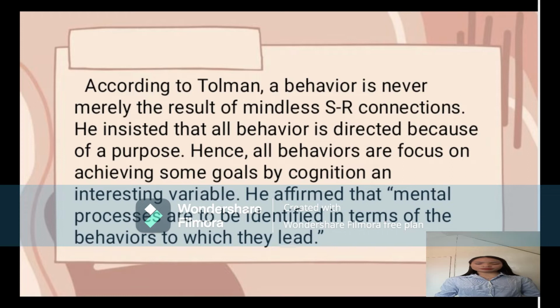According to Tolman, a behavior is never merely the result of mindless S-R connections. He insisted that all behavior is directed because of a purpose. Hence, all behaviors are focused on achieving some goals, with cognition as an intervening variable. He affirmed that mental processes are to be identified in terms of the behaviors to which they led.